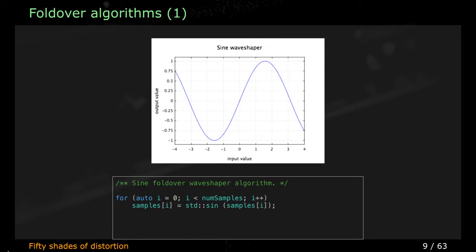Something very clean like a sine put here will generate a lot of harmonics. And if you play with the drive control, the way the harmonics are generated is going to change a lot, really a lot. So it's very interesting to experiment with, having your drive control and the foldover.